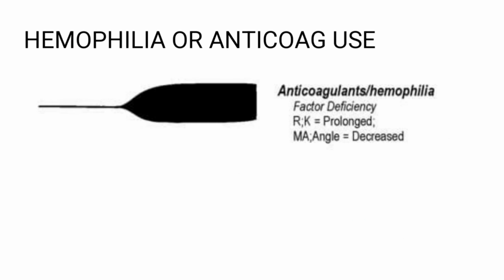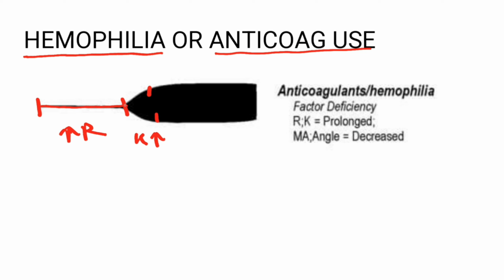Now let's talk about some common findings in the TEG. Here this graph is showing hemophilia or anticoagulant use. What we find here is that the R value is increased, the K value is also increased, the alpha angle is decreased from normal, and the maximum amplitude is also decreased.